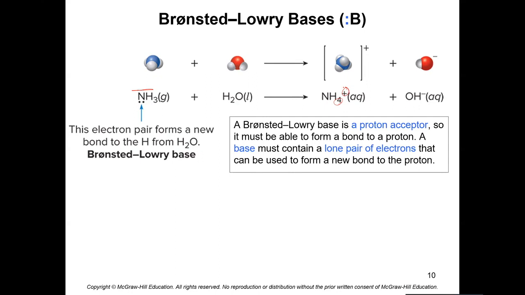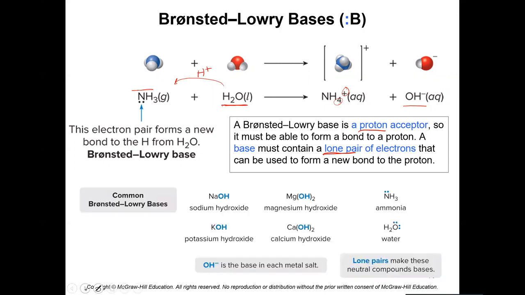And what we're going to see as well is that that proton came from water because H2O has now become OH minus. So what this means is that H2O transferred a proton to NH3. So NH3 accepted a proton, and that is the definition of a Bronsted-Lowry base, accepting a proton. Now again, in order for it to accept a proton, it must have that lone pair, which nitrogen does.